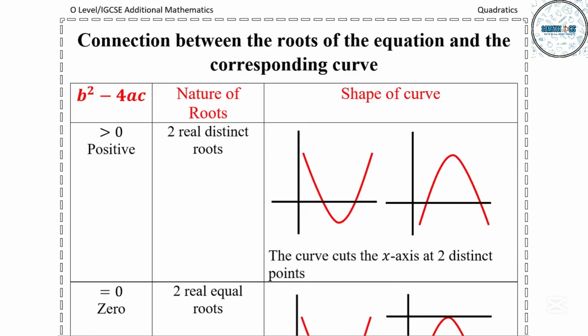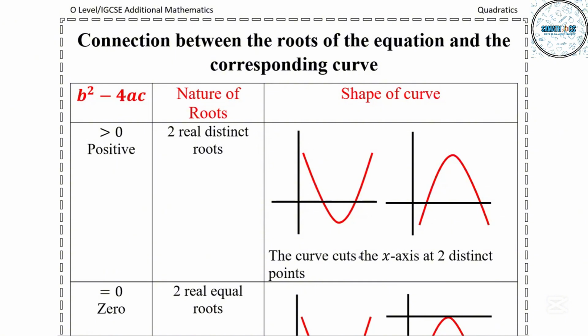Now we will see how the roots of the equation are connected with the corresponding curve. Whenever b square minus 4ac is greater than 0, means positive, then there are two real distinct roots and the shape of the curve is either it opens upward or it opens downward.